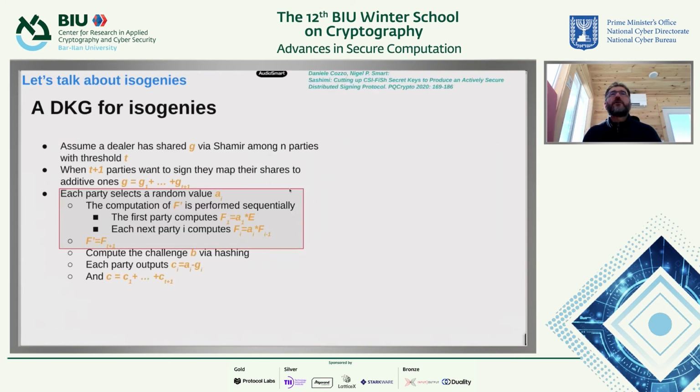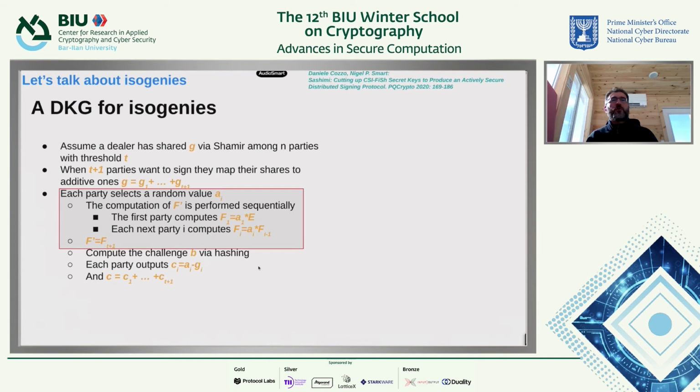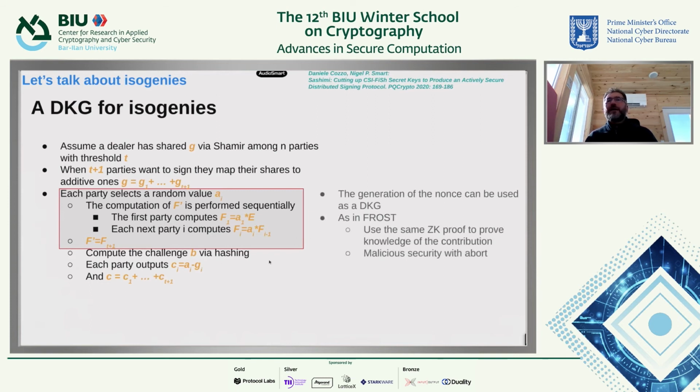So then, how do we handle the dealer? The reality is that this protocol in the middle can also be thought of as a DKG, because they're basically generating a random value A, and the mapping of the curve under the combination of the AI's.